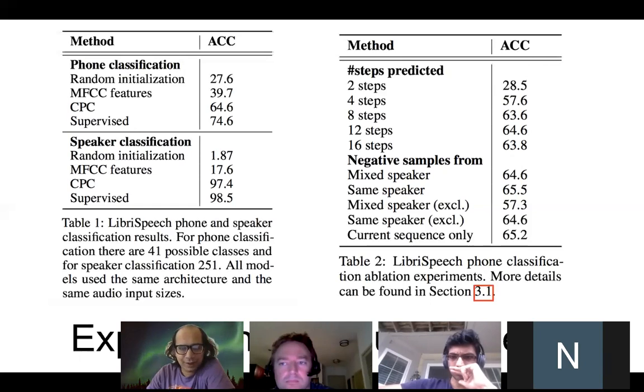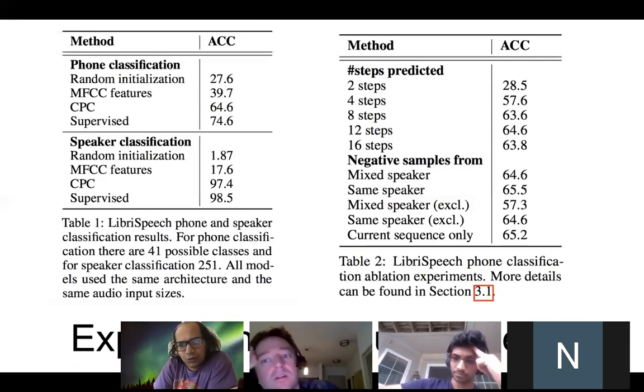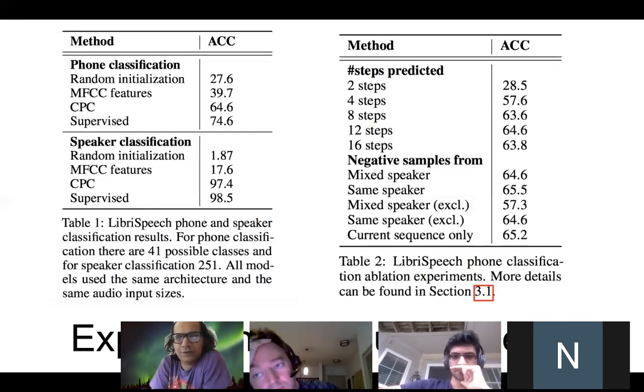Why did the accuracy go up as it predicted more steps? That seems counterintuitive. They have assumed that we should not make the problem too easy or too hard. That means if they predict just 2 steps or 4 steps, then the problem of prediction might be so easy.